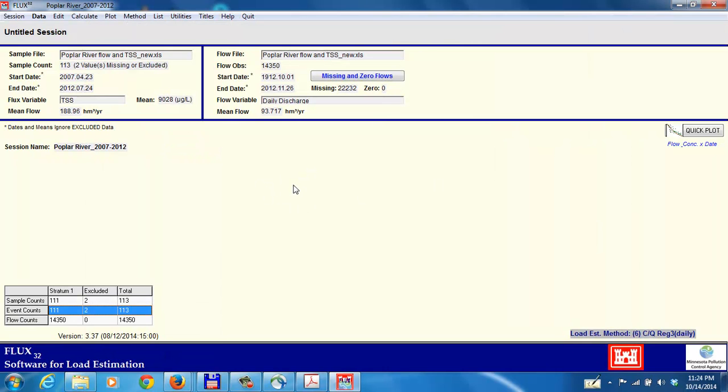So that plot might help you to understand why we might be getting more sediment during that period of time. If we're looking at some other constituent like nitrate, you might think that you get more nitrate load coming from the spring than the summer or fall, just because there's more flow occurring.